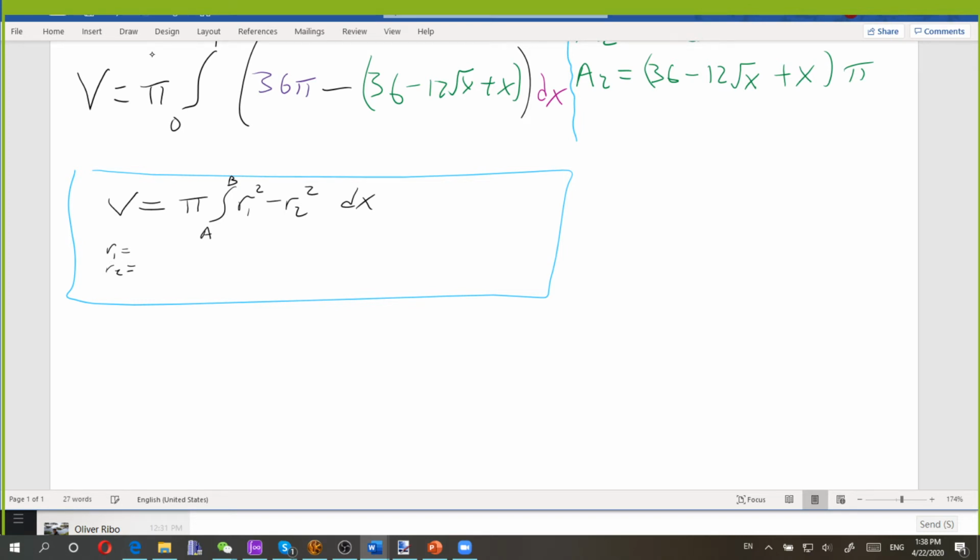Where r1 is your distance from the outermost function to the axis. r2 is your distance from the innermost function to the axis.